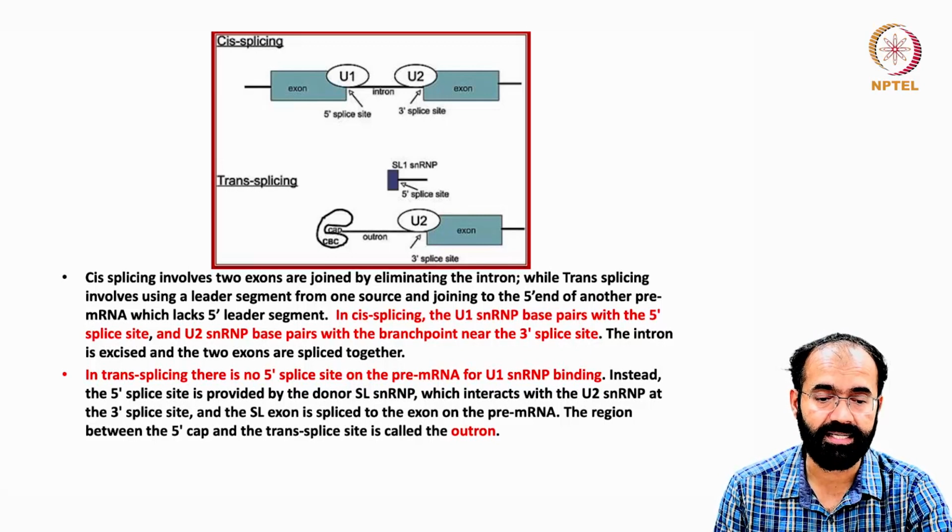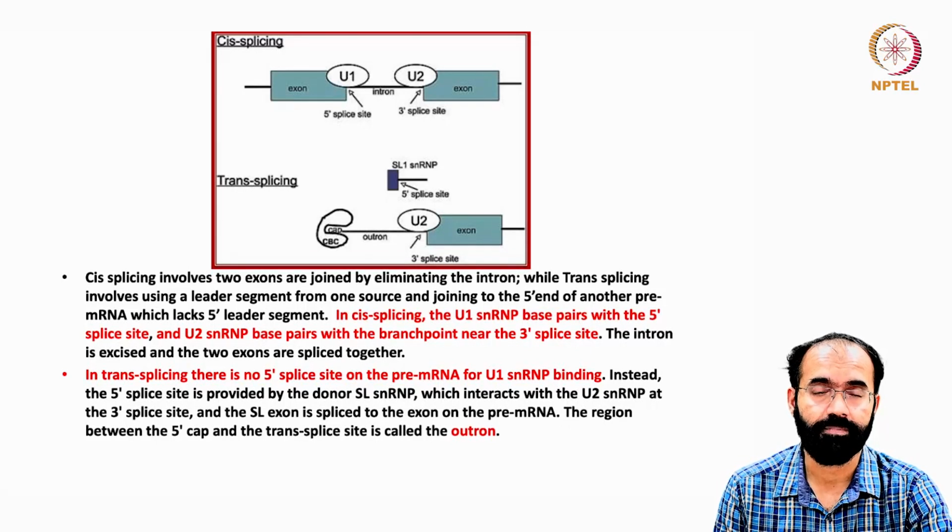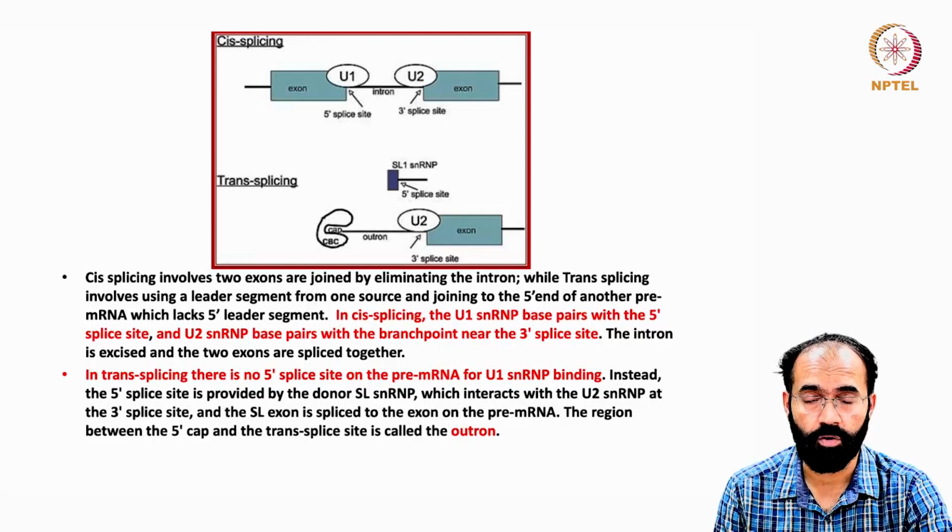In trans-splicing, there is no 5' splice site on the pre-mRNA for the U1 snRNA to bind. In many cases the 5' splice site is missing. Instead the 5' splice site is provided by a donor SL snRNP, which contains the SL RNA or leader sequence, and it is also recognizable by the U1 snRNA.